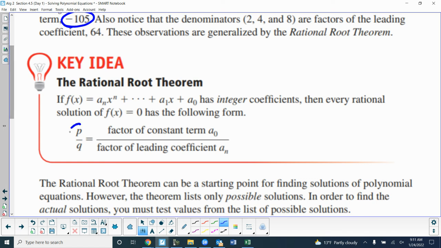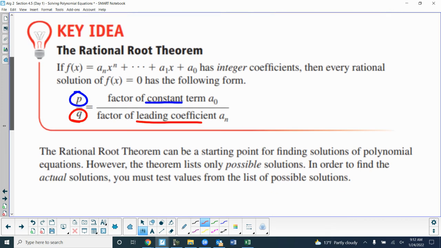All right, so the p goes with the constant term, and the q goes with the leading coefficient, those factors. So if you didn't have the graphing calculator like we had, you would have to figure out all those fractions that could be possible zeros using this rational root theorem. Okay? And the way you would test them is with synthetic division.